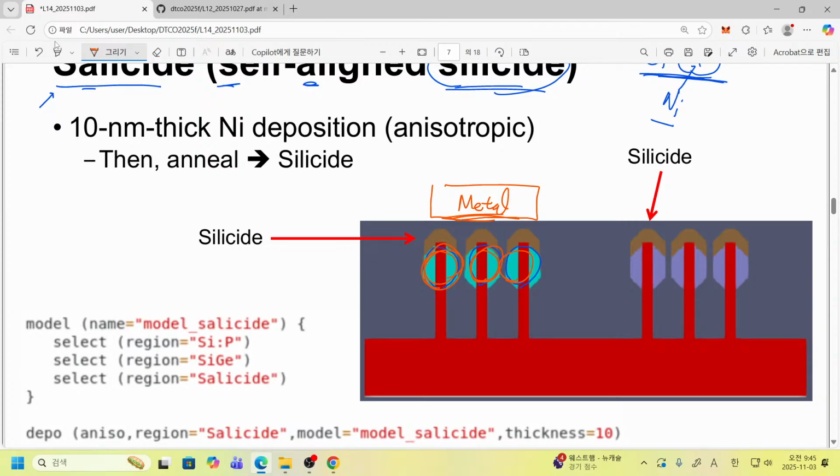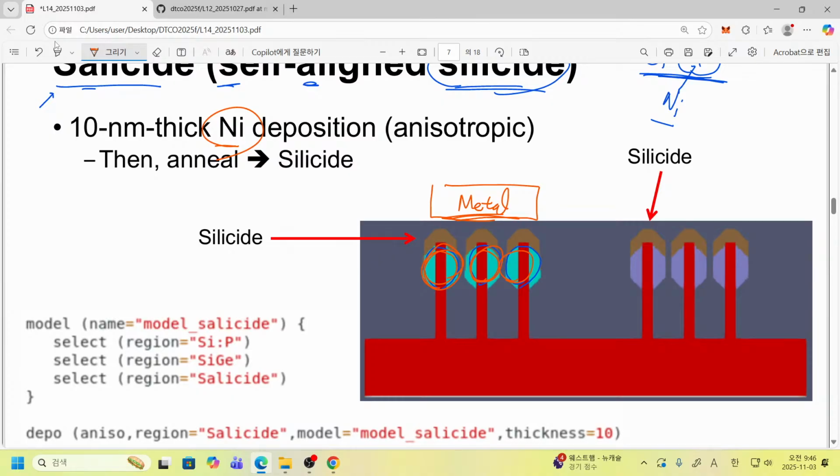So how can you make this silicide? It is quite easy. Just put nickel on top of silicon, and after that apply some heat. Then the nickel and silicon react, and they become nickel silicide.